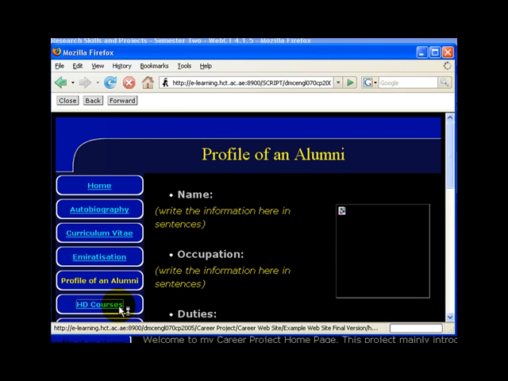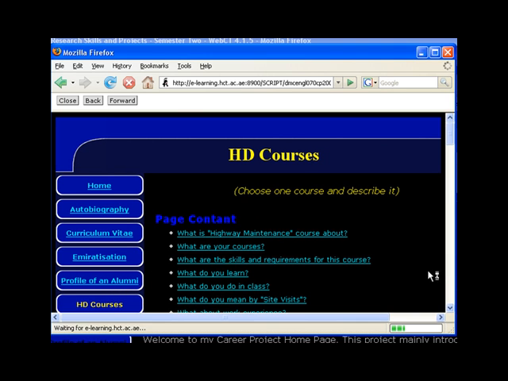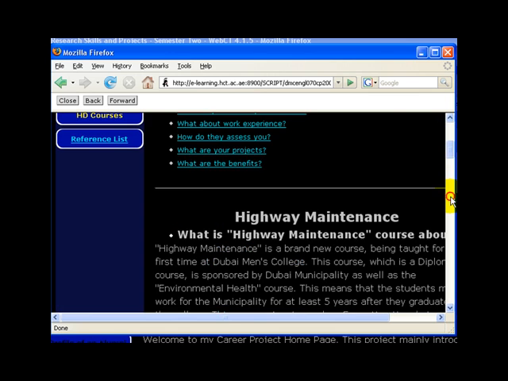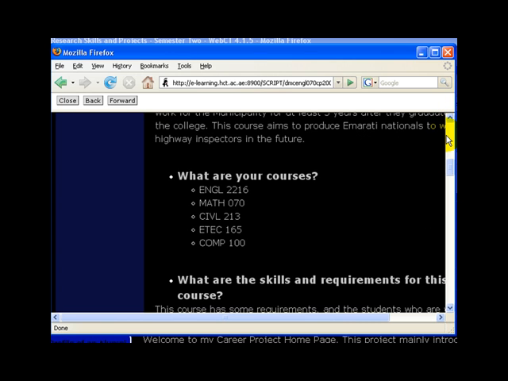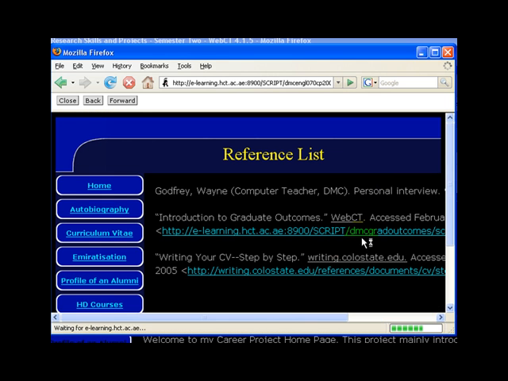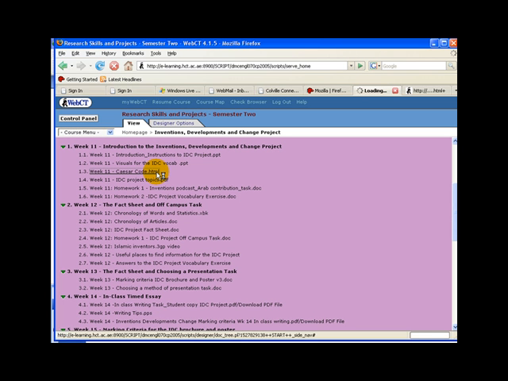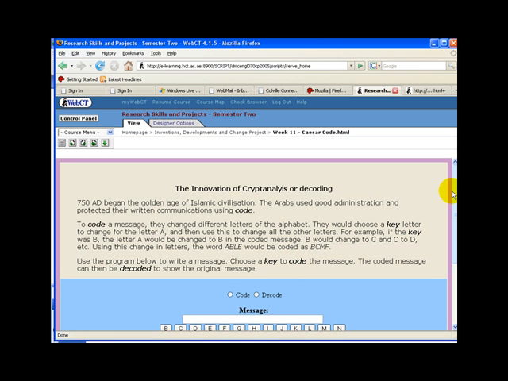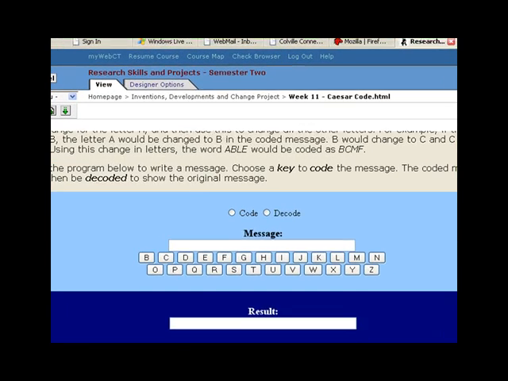Every week for 10 weeks, students would write their CV, they'd write their autobiography, they would go and do the career interviews. So it was all cumulative over the 10 weeks, and the information and findings from those activities then formed part of the career website.